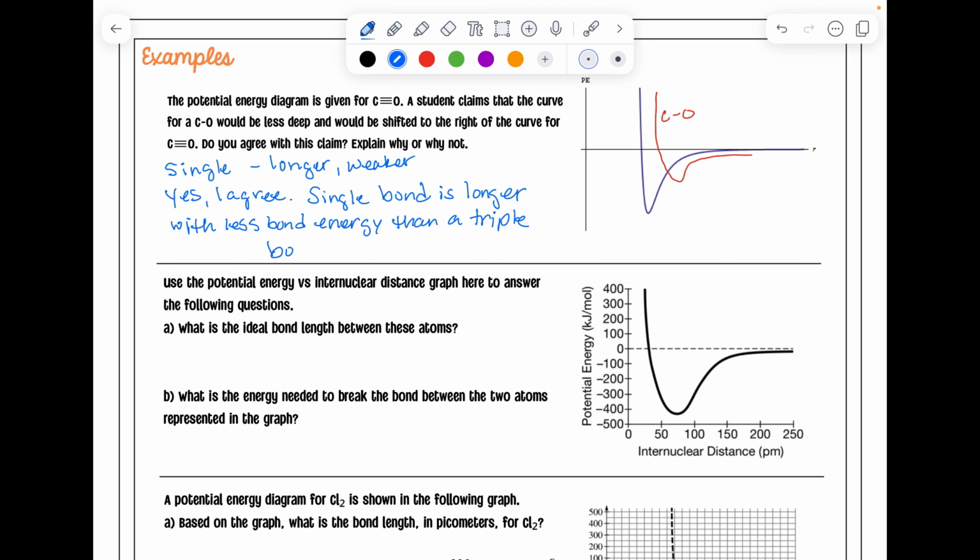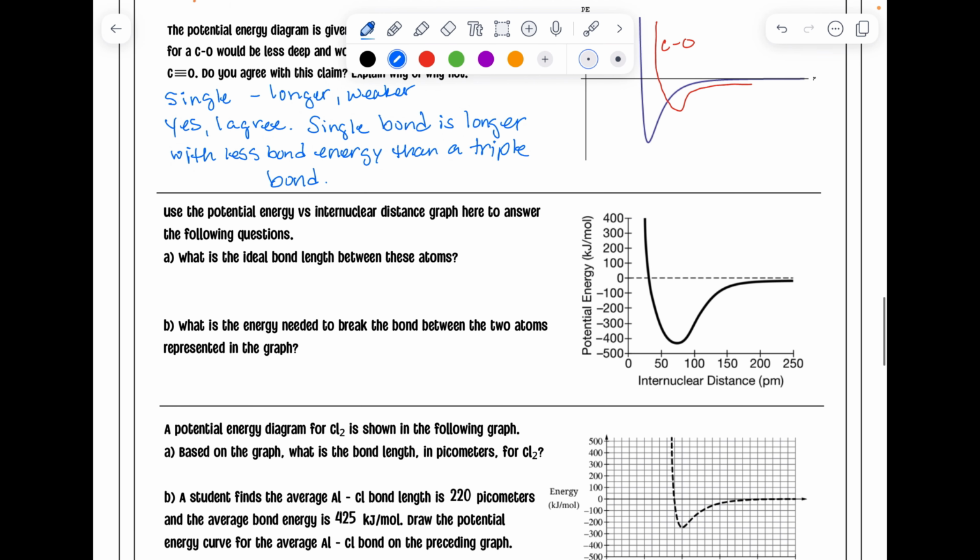And again, in good practice, if it says, do you agree with this claim? The first thing you want to say is agree or disagree. Okay? Us AP readers, when we're reading, we're looking for that I agree or disagree in your statement. So make sure you say that first.